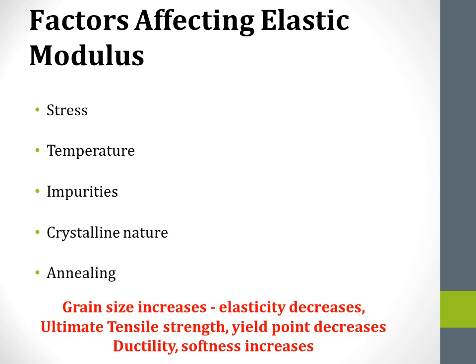Annealing is a process by which the material is heated to a very high temperature and then slowly cooled. Usually, this process is adopted for materials to increase the softness and ductility, but if annealing is done to a material, it results in the formation of large grains which ultimately reduces the elastic property of the material.